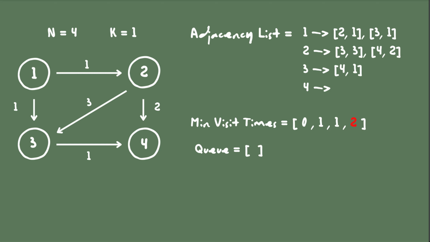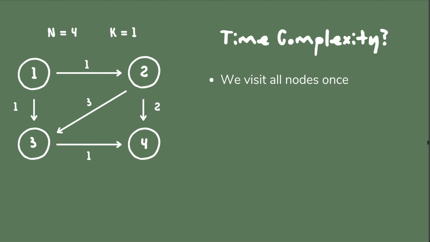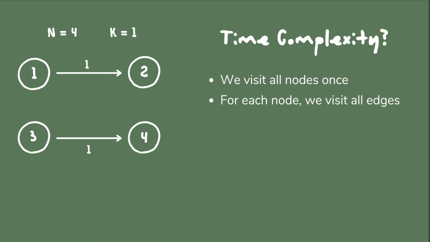Last thing I want to talk about is the time complexity. So we want to remember that we visited all of our nodes once, and for each node we visited all of its edges and potentially went back to nodes again. So you might think, what if we have a graph like this one where we only have an edge from 1 to 2 and from 3 to 4? So we have two graphs that aren't connected to each other.